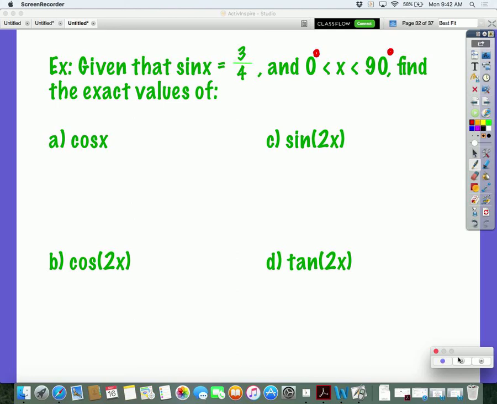In this case, we're given two important pieces of information: sine x is 3/4 and x is between 0 and 90 degrees. That tells you that an angle where sine is 3/4 is located in the first quadrant.